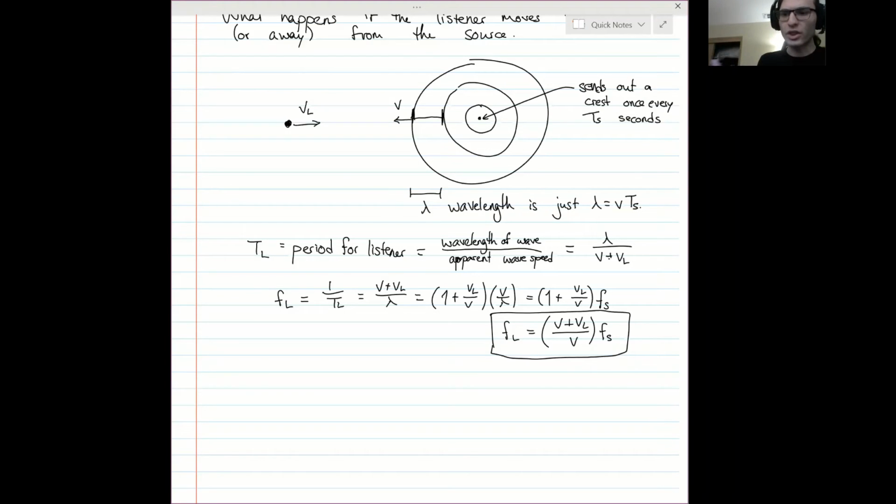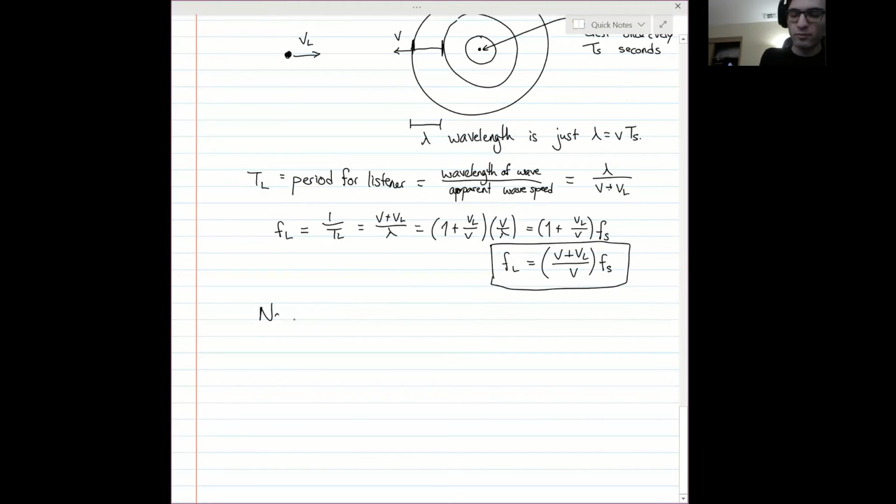Just one thing to point out here. VL is signed, meaning whether it's positive or negative matters. It's negative if the listener is moving away from the source, and if moving toward the source, then VL is positive.